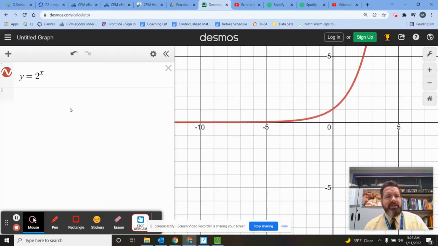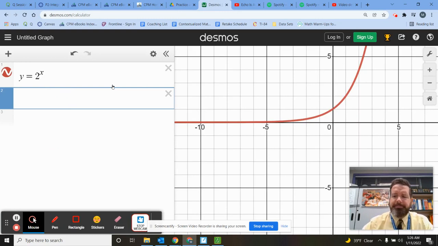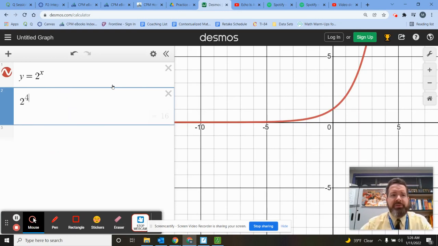Actually, to make it a little easier to see, I'm going to use my Desmos here. So I know 2 to the 4th is too small. Let's try something a little bigger. Closer. That's getting closer. We're looking for a 25. Okay, that's now too much. So 4.6 something. That's a little too high. That's a little too low. Okay, so which is closer?